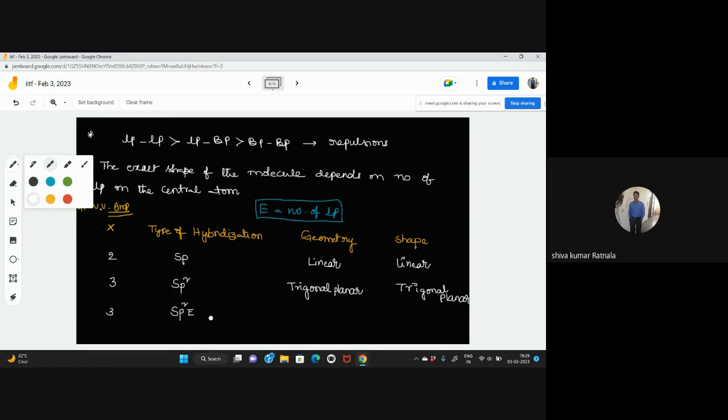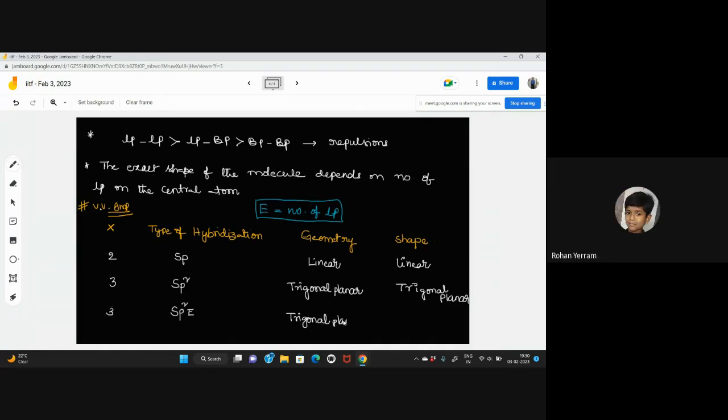The geometry remains the same because of sp2. By number of lone pairs, hybridization doesn't change, and if hybridization is not changing, geometry will also not change. The only change we can observe is in the shape.